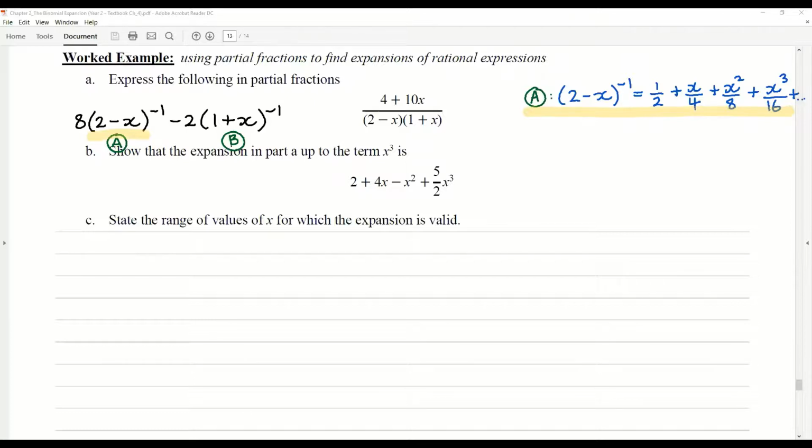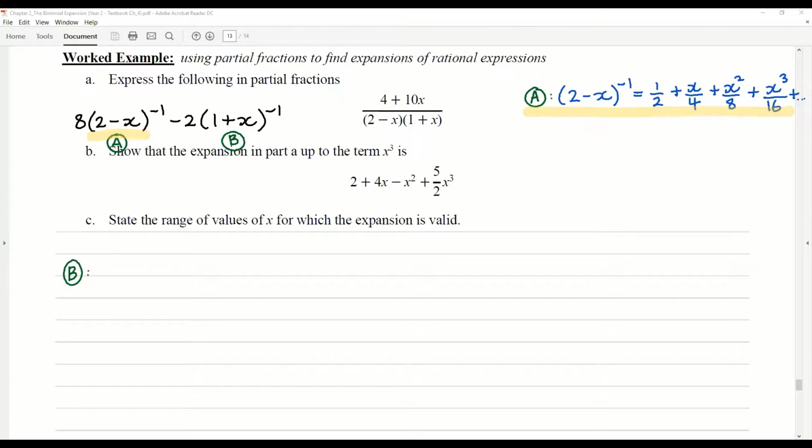Now we need to look at bracket B. Now, in order to do that, this is a lot more straightforward. So let's get to it. We'll just do it again. I know we've done this one before, but it's good revision. So for bracket B, and remember you've got a full page to do this. So just continue from this point onwards. I was just trying to summarize it because I'm limited in space on the screen.